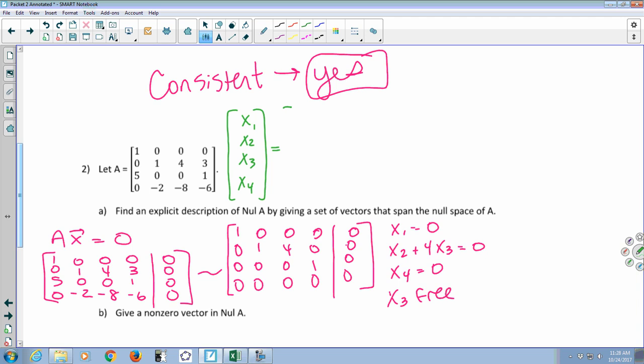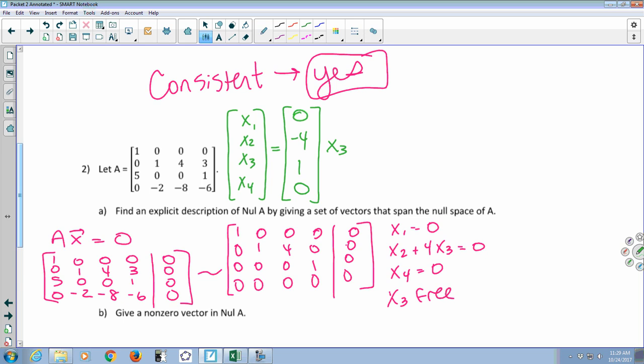My free variable is x3, so that's going to be my parameter, x3. And then x1 is always 0. x2 equals -4x3, because you have to solve for the basic in terms of the free. x4 is always 0, and x3 is free, so you just put a 1 there. So that's the parametric vector form of the solution.